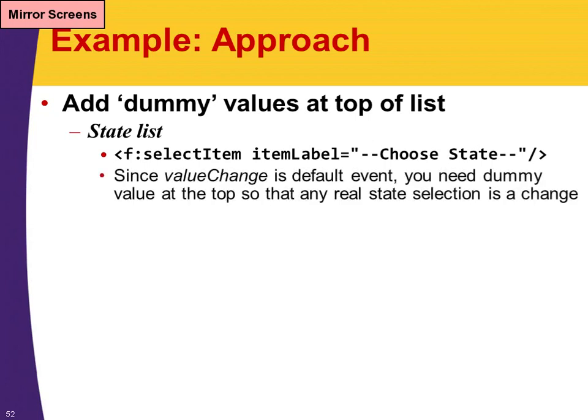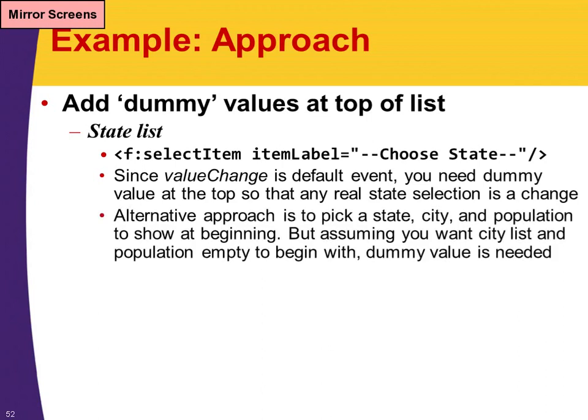The value change event is the way that's the default, so that you need to know some way that in fact they did select something. If it's changed from the default value of choose state, then you know they actually really did select something.